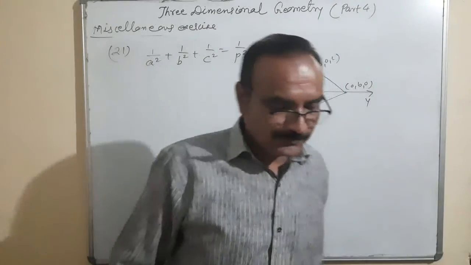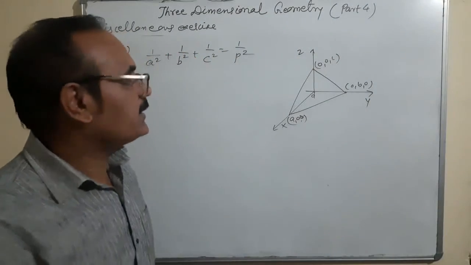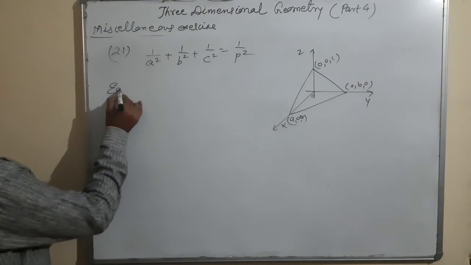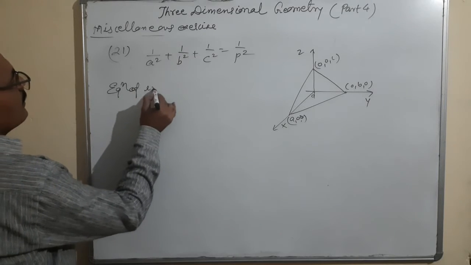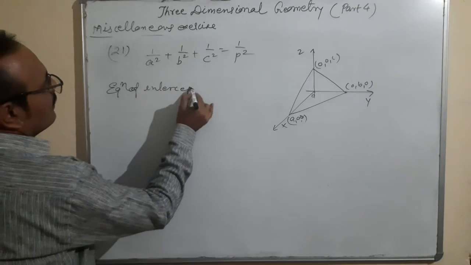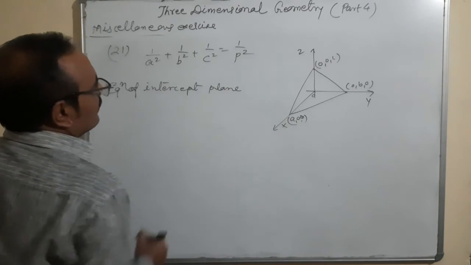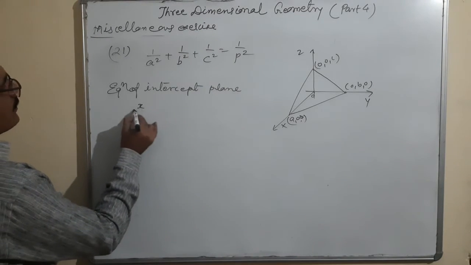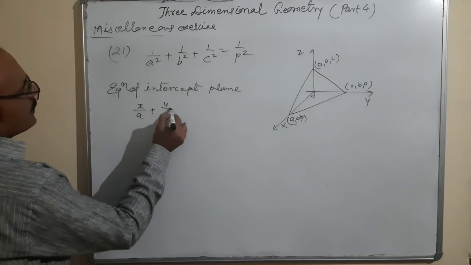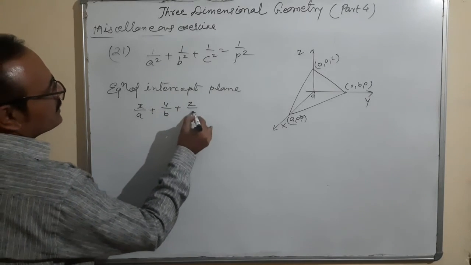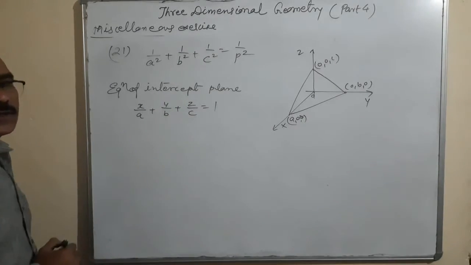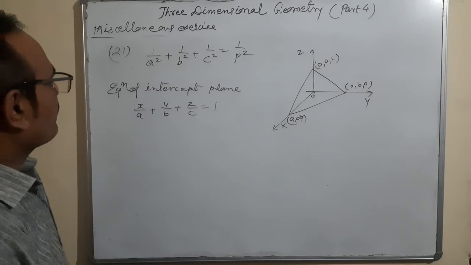The equation of the intercept plane is x upon a plus y upon b plus z upon c is equal to 1.